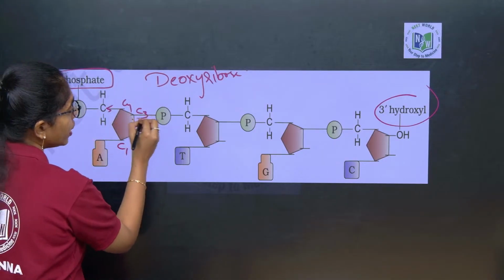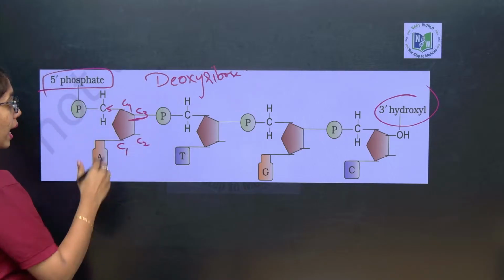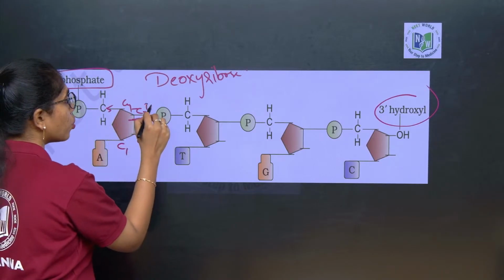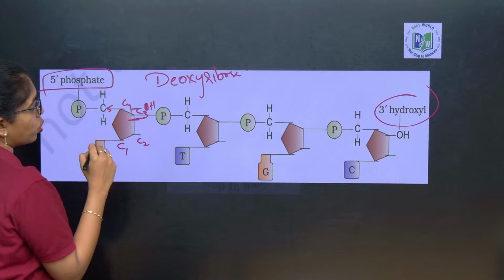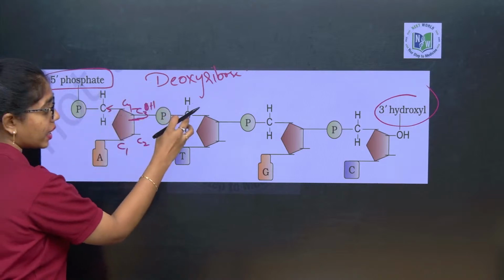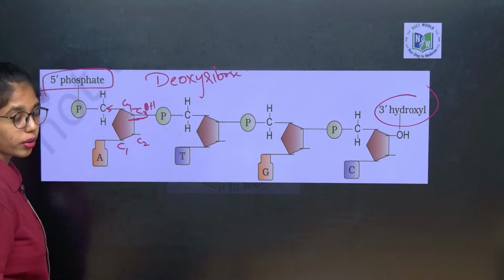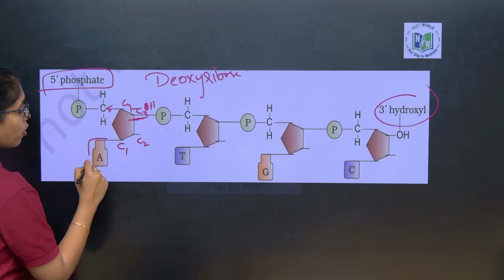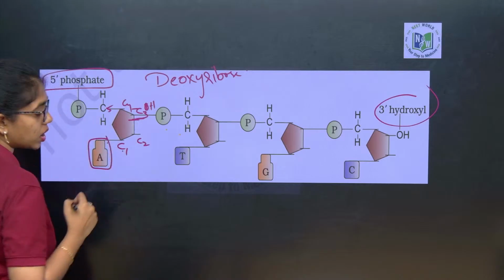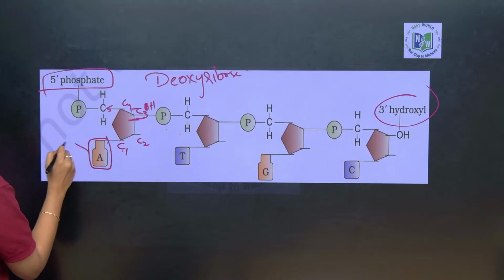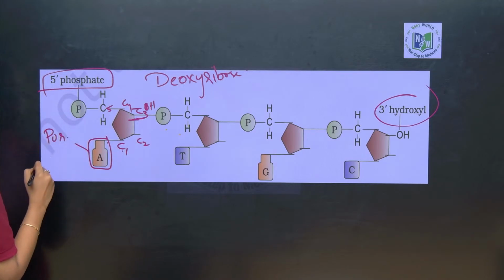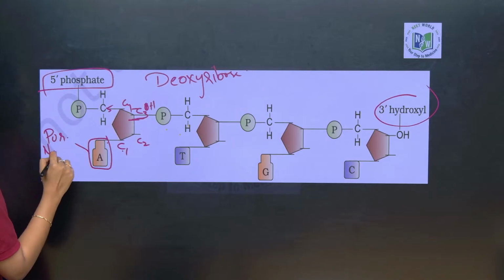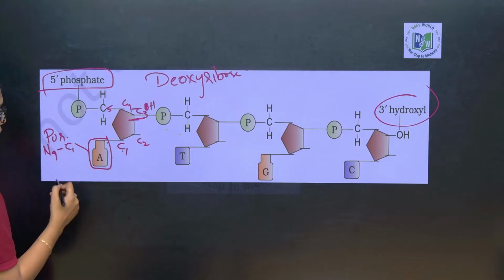At the third carbon, an OH group is present, which connects the successive nucleotide. For a single nucleotide formation, first the nitrogen base attaches to the first carbon. If the nitrogen base is purine, the N9 of purine will attach to C1 of the sugar.